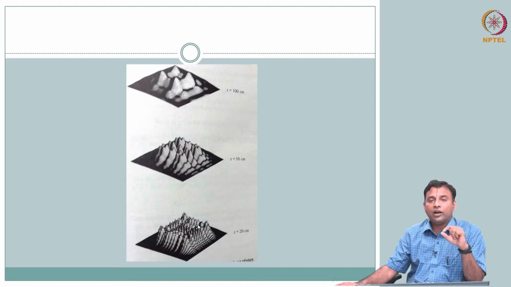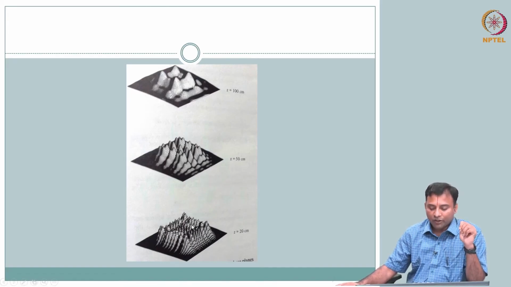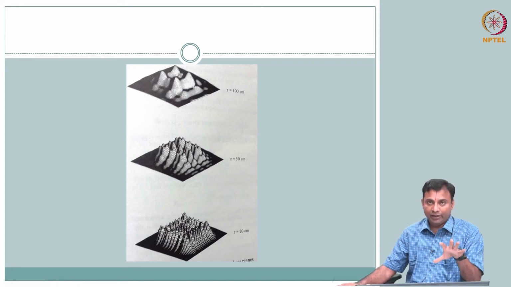If it is a rectangular shaped transducer, d square by lambda, right? So we had all this in the previous module. When you go, you see this general nature. There is a lot of fluctuation in the near field, close to the transducer. As you go farther and farther, it becomes a much smoother field. Irrespective of the shape of the transducer, the general behavior is the same.